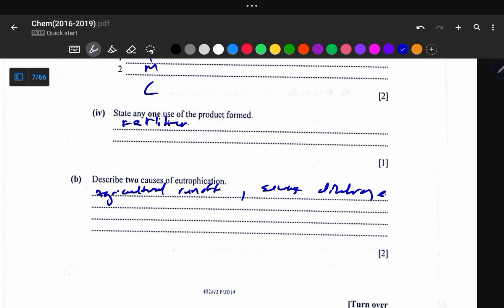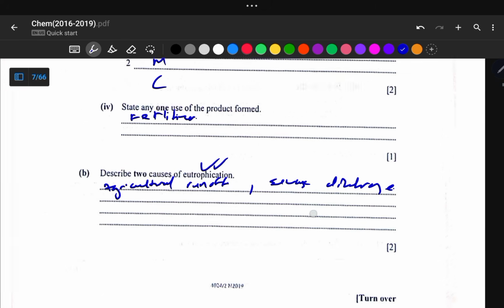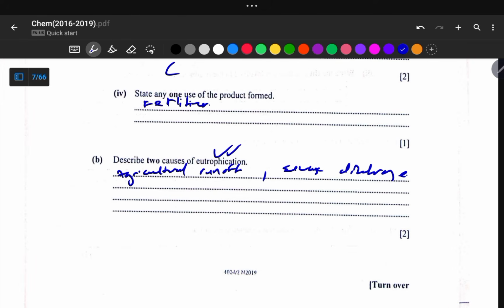But we want to explain that process of eutrophication, because this year they are requiring you to give the two causes, but next time you're going to be asked to explain the whole process of eutrophication. So here we're not here to just claim answers, but we want to broaden our knowledge, right?